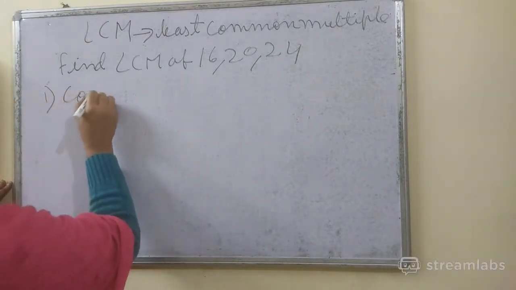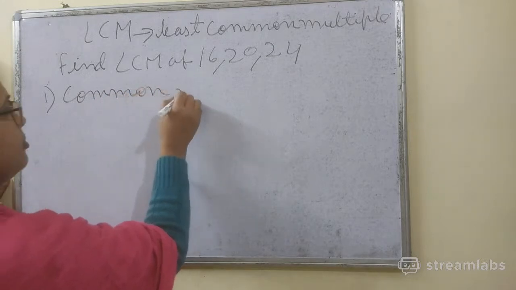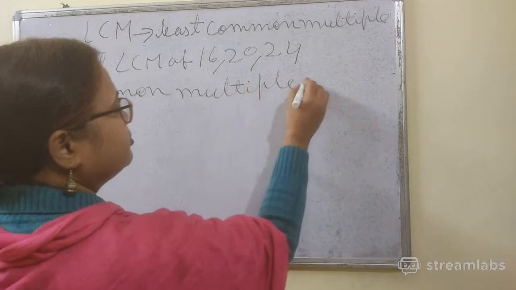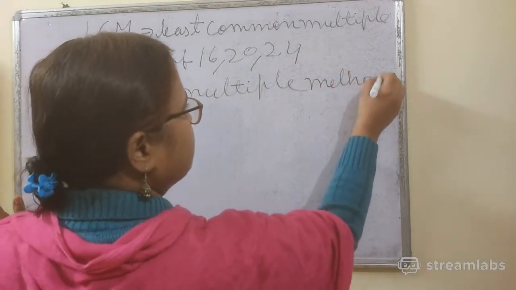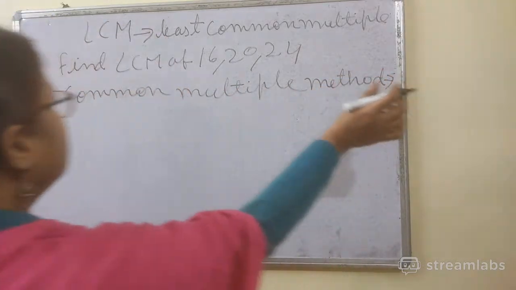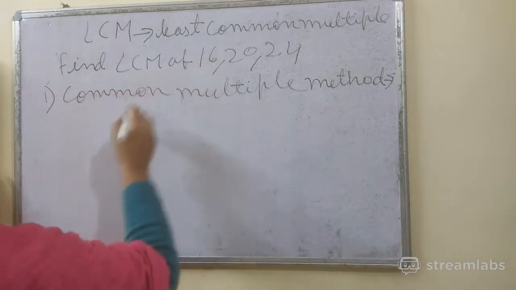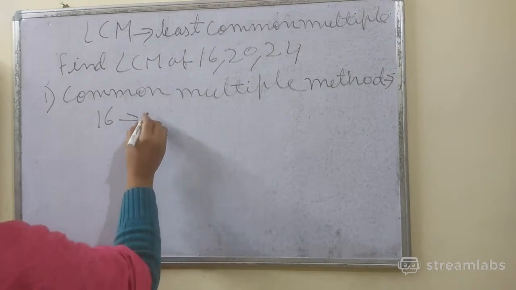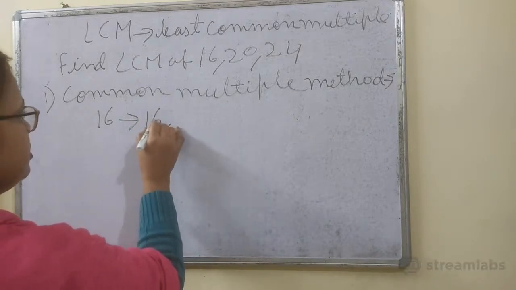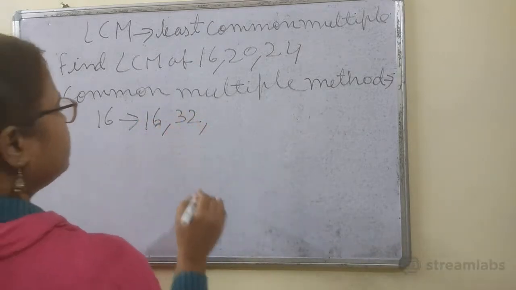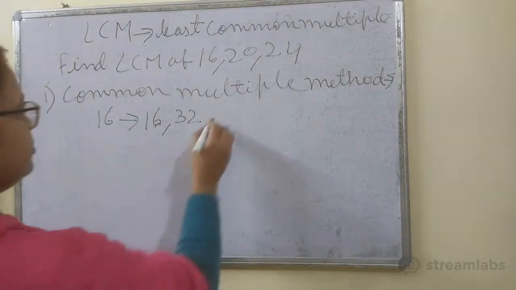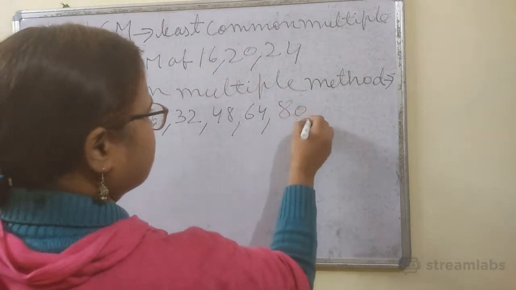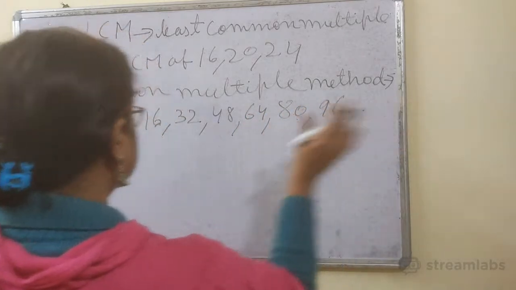First start with the common multiple method. Okay, so common multiple method means 16. What are the multiples of 16? So 16 1s are 16, then 32, like this, okay.